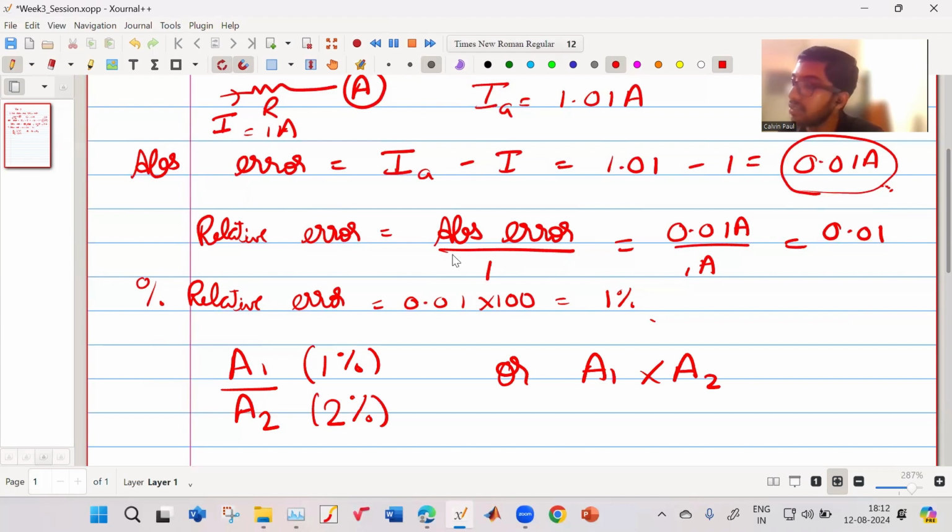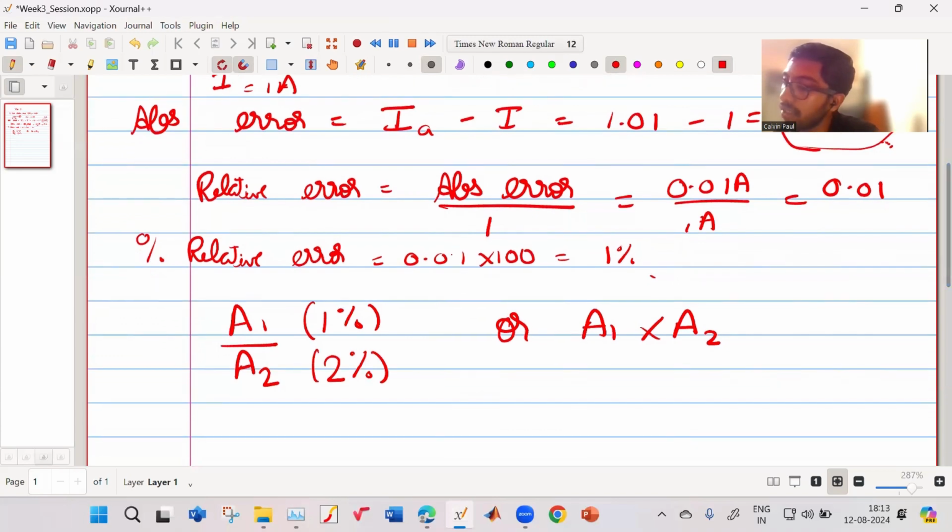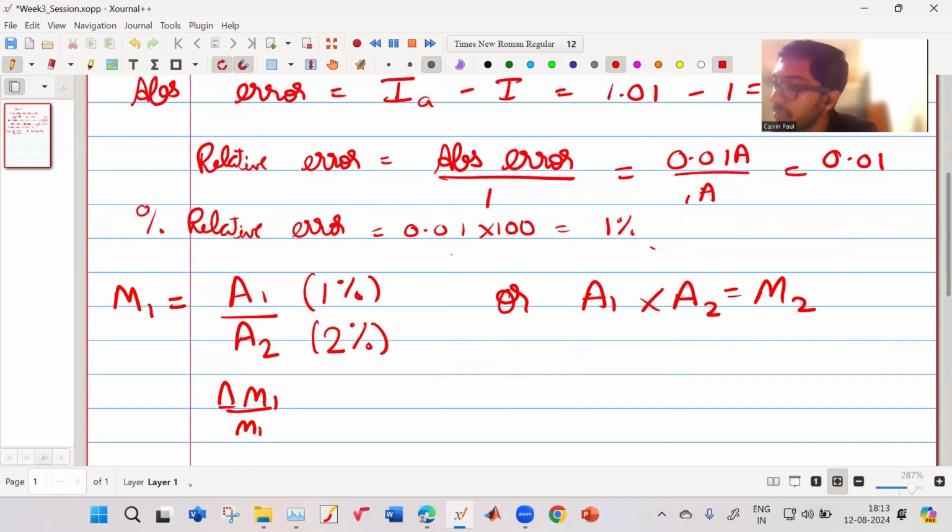The relative error of the result will be the relative error of A1 plus the relative error of A2.